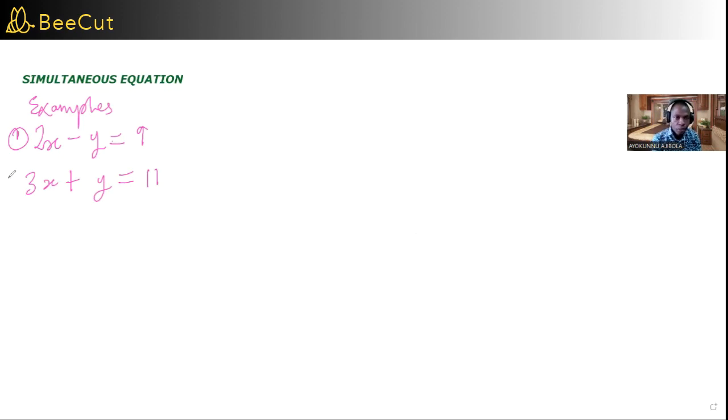Averagely, there are 3 methods you can use to solve this. The first method is to solve the equation by elimination method. The second method is by substitution method.